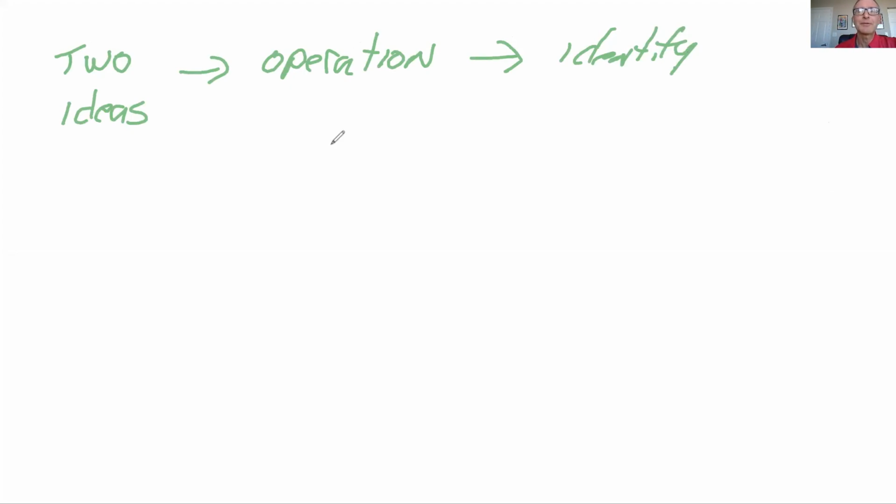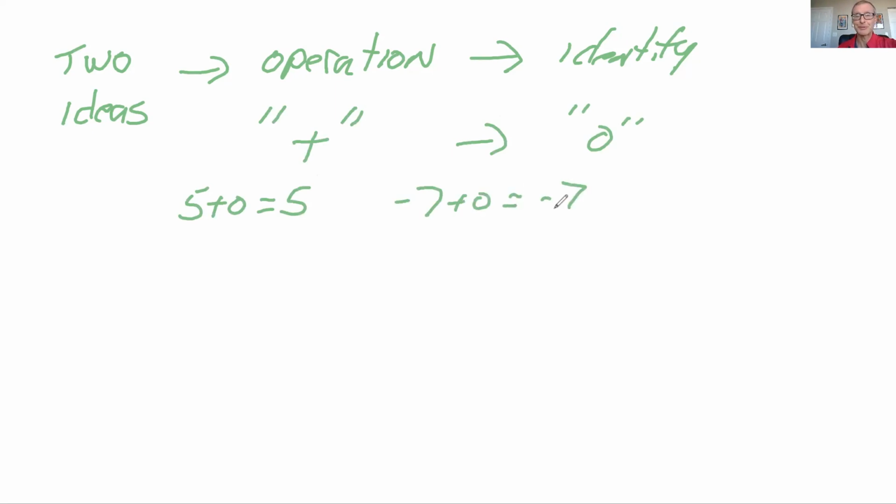Consider the operation addition. If you perform that operation, the identity is that out comes the exact same number. So the identity for addition is 0. What we mean by that is 5 plus 0 equals 5, minus 7 plus 0 is minus 7. I think you get the picture here.